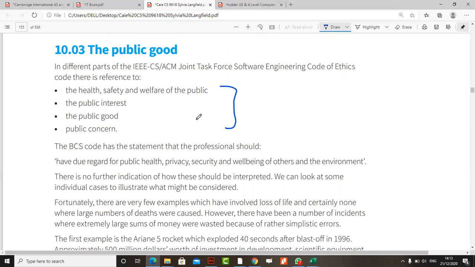From an autopilot train, from an autopilot aircraft, to automatic escalators and travelators that you see in airports, there could be numerous examples where sensors and computer-controlled algorithms are used. In fact, it's becoming more common nowadays. So the health and the safety and the welfare of the public is of the utmost importance.